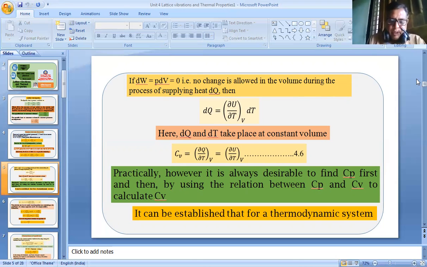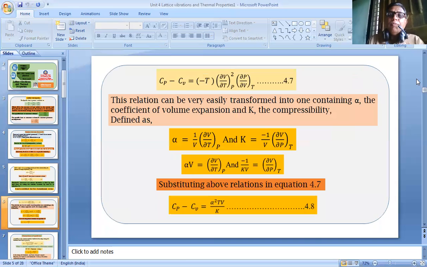It can be established that for a thermodynamic system, Cp minus Cv is equal to minus T (delta V upon delta T) at constant P whole squared into (delta P upon delta V) at constant T.